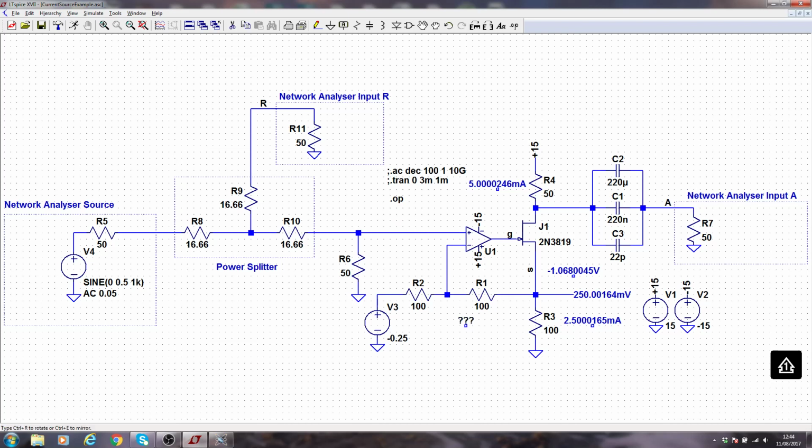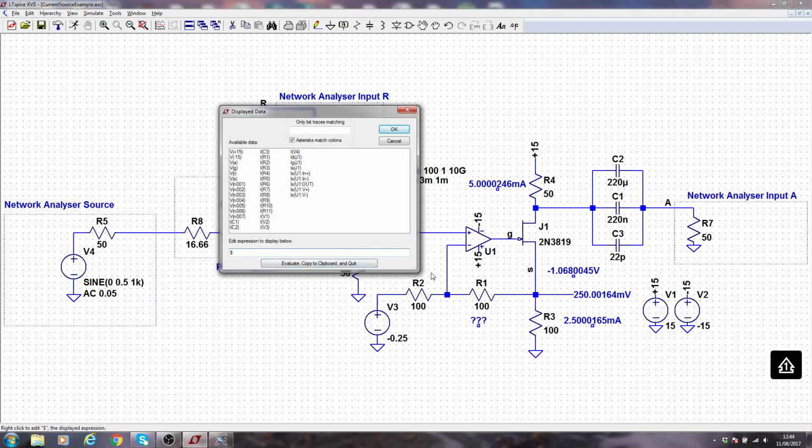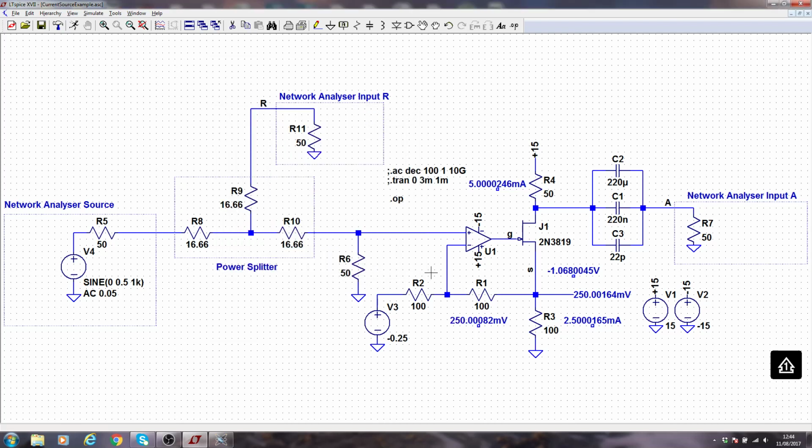So for this one I can ask it for VS minus VN06. There's a slight difference in the last couple of units because we know that this node here is not really exactly ground.